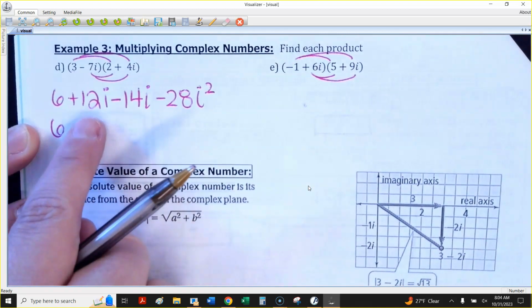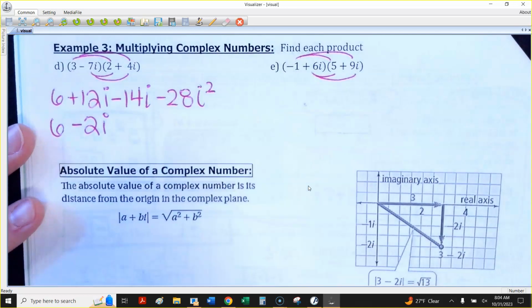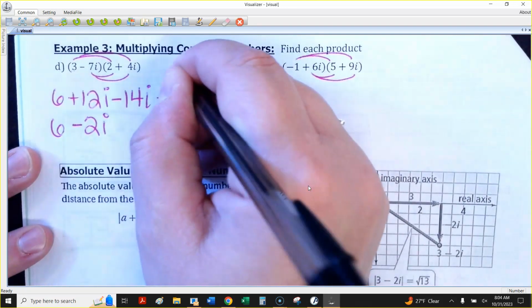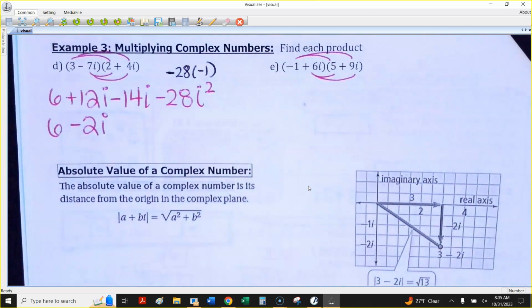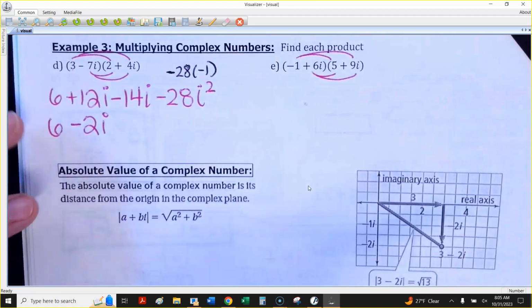So 12 minus 14, we'd have negative 2i. And this term on the end is really negative 28 times i squared, so it'd be negative 28 times negative 1. So what is that term on the end really, if I would simplify that? Positive 28, exactly. So plus 28.